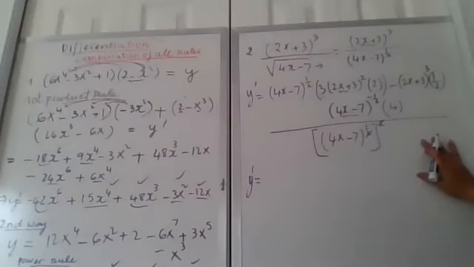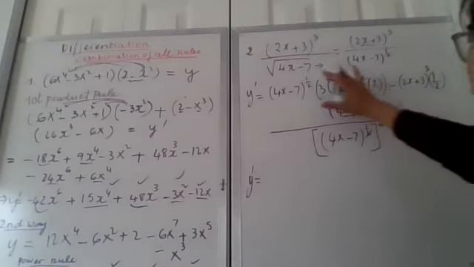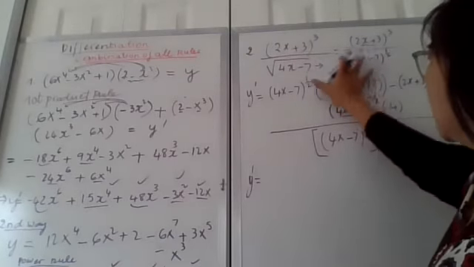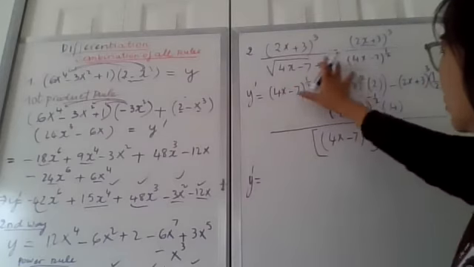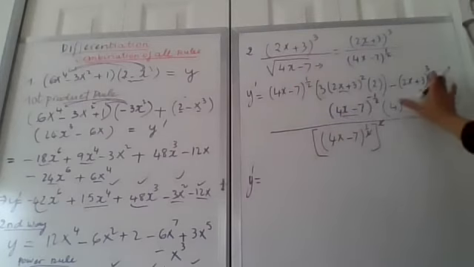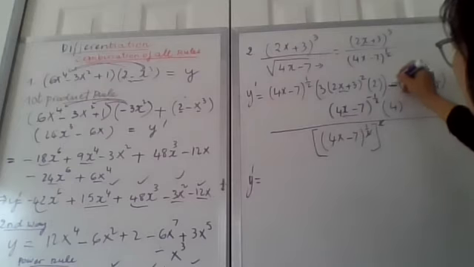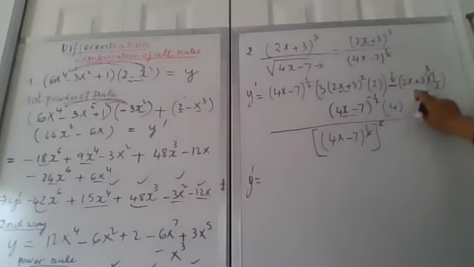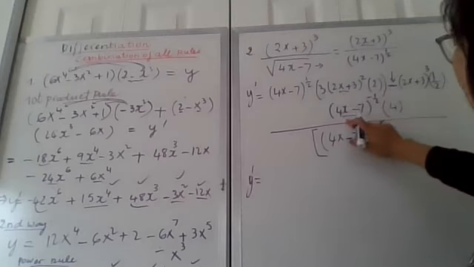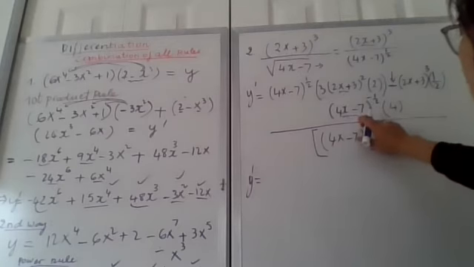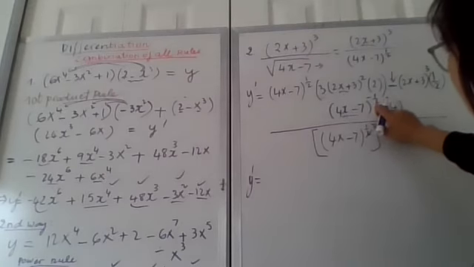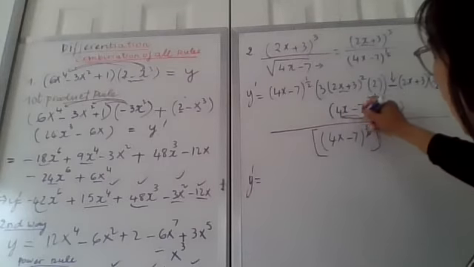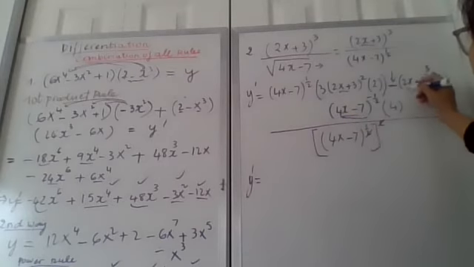Okay. And the common factor I can see for the left of this long expression and the right between them is a negative, right? So the common factor in here is 4x minus 7 to the power minus 1/2. So I'm going to take this one as a common factor.